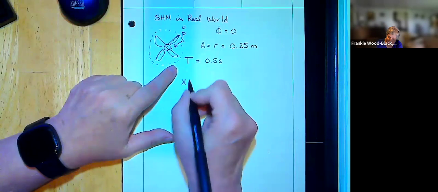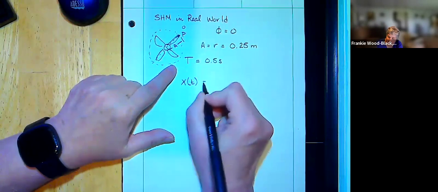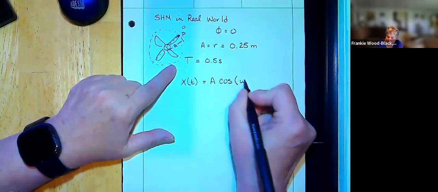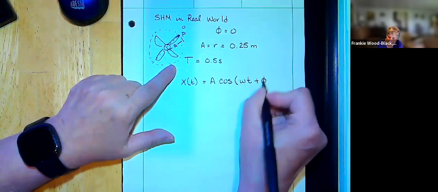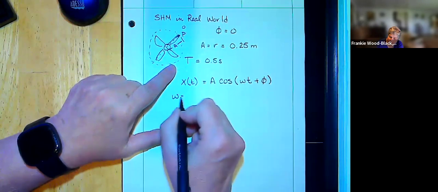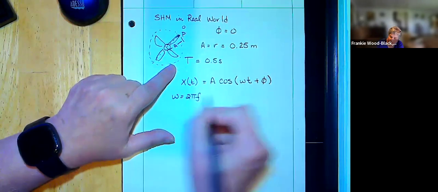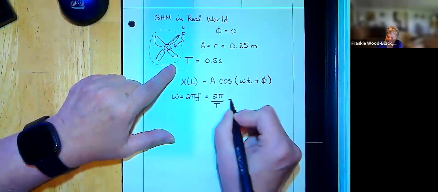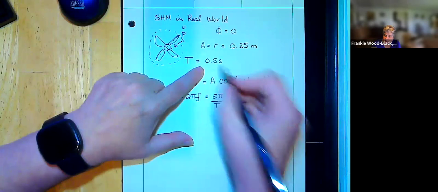My equation of motion as a function of time is going to be A cosine of omega t plus phi, but omega is equal to 2 pi times the frequency, which is equal to 2 pi divided by the period. So if I did this, there's my period.